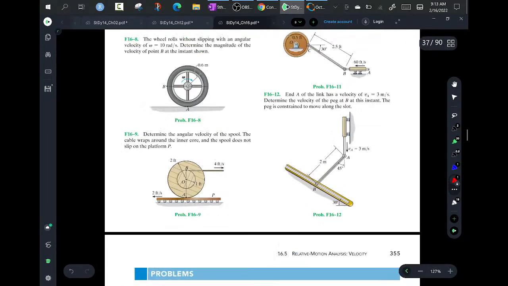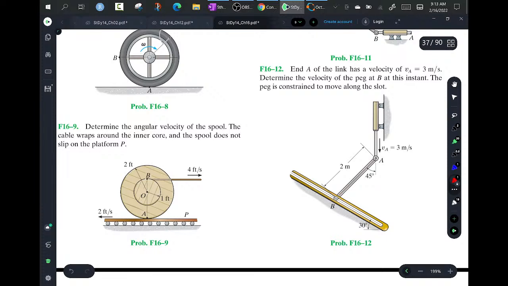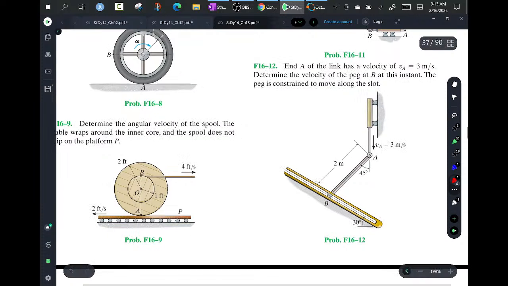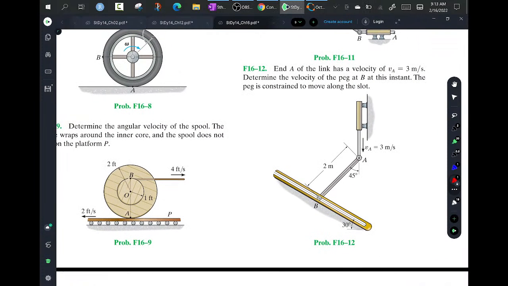However, this one is more interesting because of the way the velocity has to go along that length, and the velocity has to go along this length.